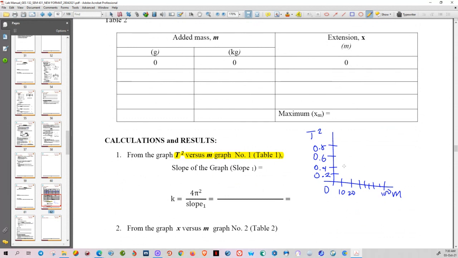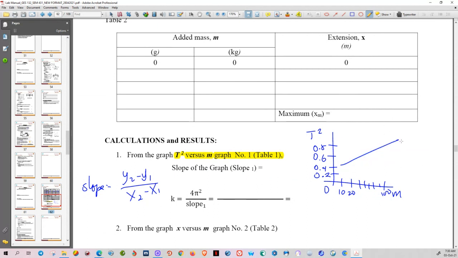What's going to happen? You will get a straight line, or approximately a straight line. You have to find the slope of that line and write it here. So how do you find the slope of that line? The slope equation is always the same: it's equal to y2 minus y1 over x2 minus x1. That means 2 points from your line.